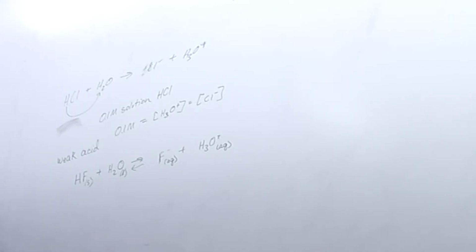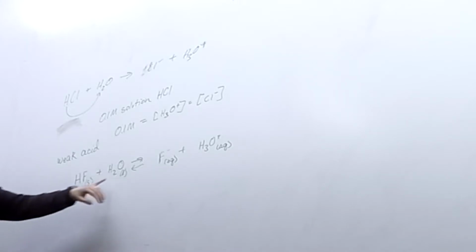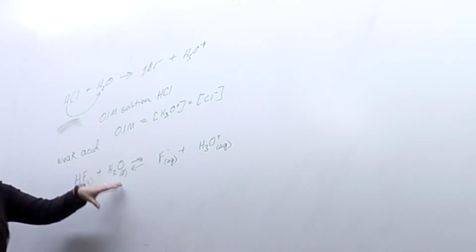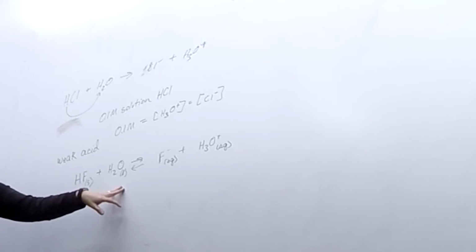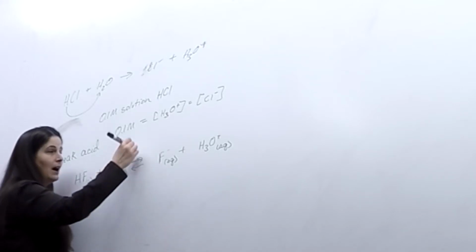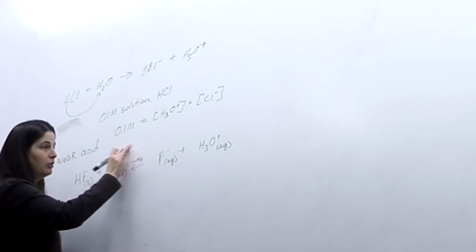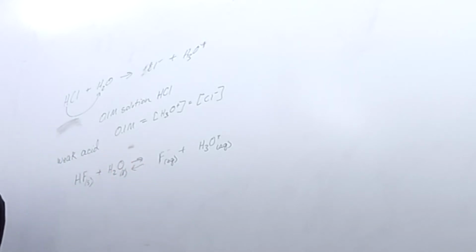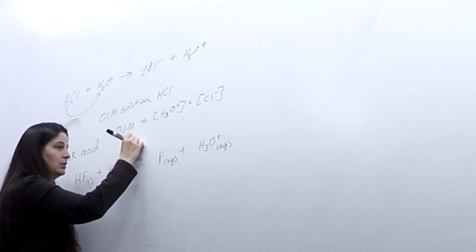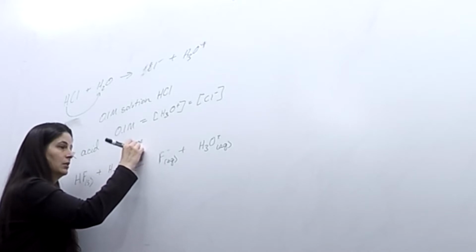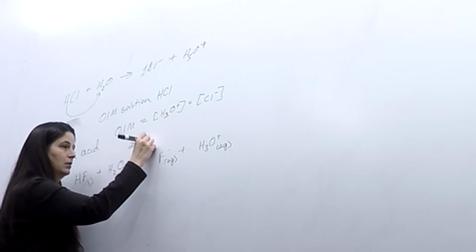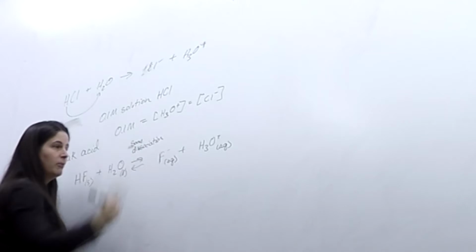So we made this solution here of HF in water. It reacted here. This is a weak acid, meaning that it does not have 100% dissociation. Okay, so only some of it dissociates.